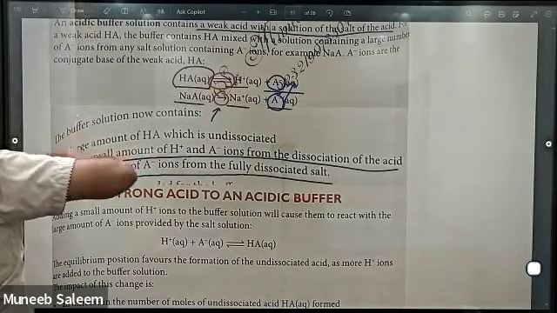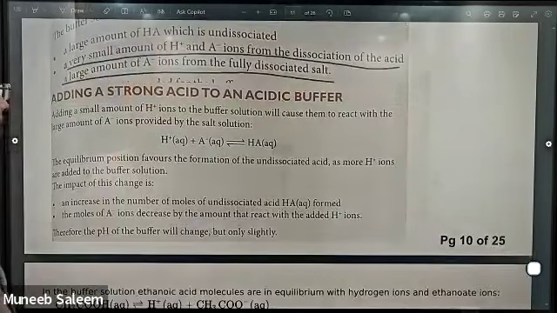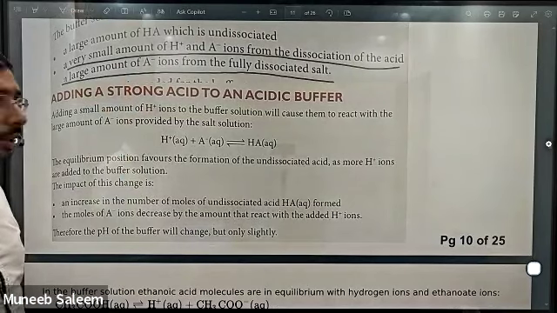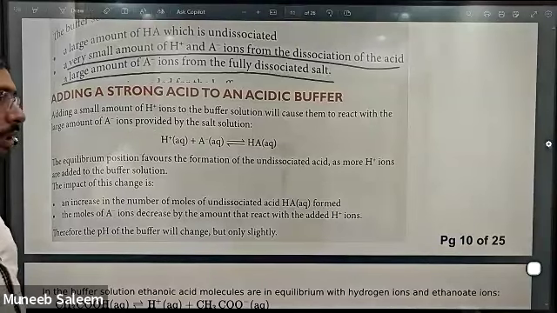Now, what will happen if we add strong acid into the acidic buffer? We have already said that an acidic buffer or basic buffer will act against the externally added acid.